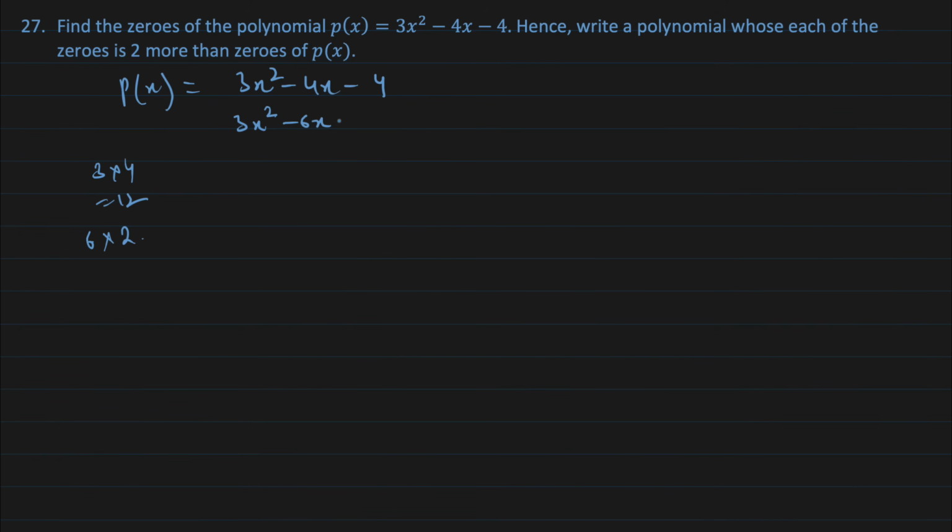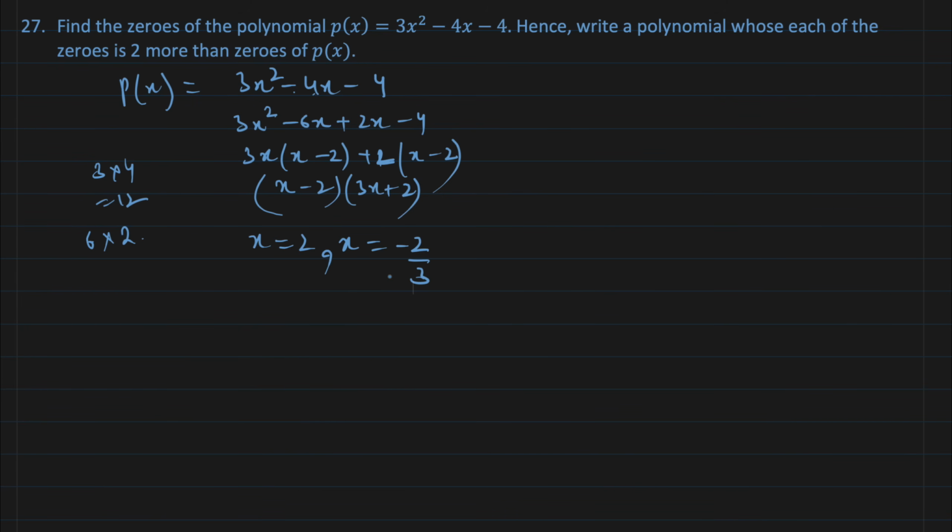So minus 6x plus 2x I'll use here because it's minus 4. So you have 3x common, x minus 2, plus 2 common, x minus 2. So (x minus 2)(3x plus 2). So zeros will be 2 and minus 2 by 3. So we got the zeros, right? First part done.